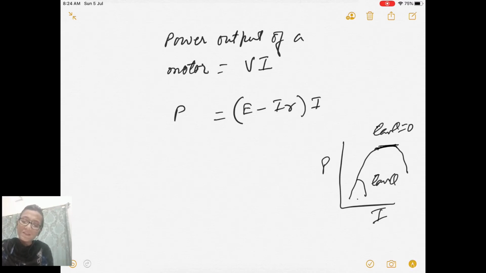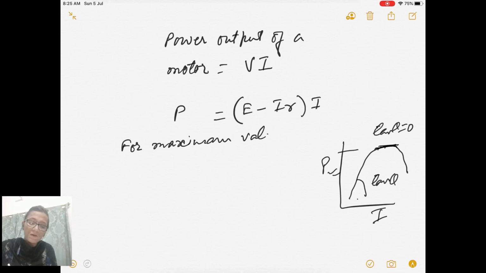So for maximum value, we need to find the slope of P versus I, means we need to differentiate P with respect to I for maximum power. For maxima, dP upon dI means slope must be equal to 0.